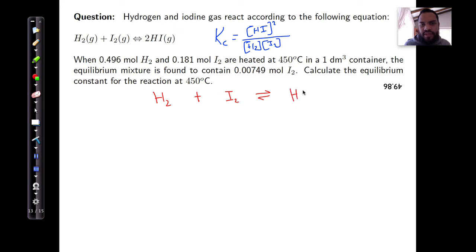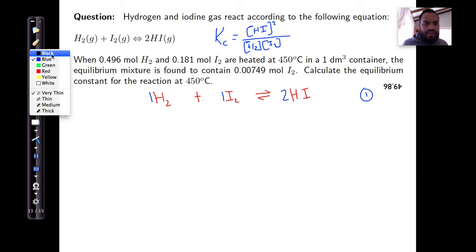I'm going to put this in blue just so that we can see that that's 1, and that's 1, and that's going to be 2, because those numbers are going to become incredibly important in a moment. So step 1 is to write down the equation.